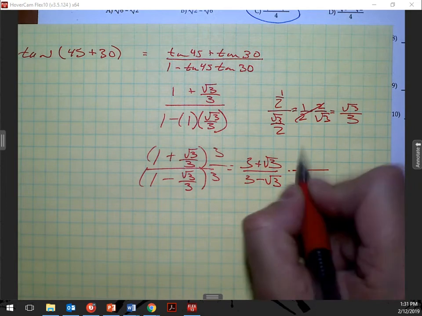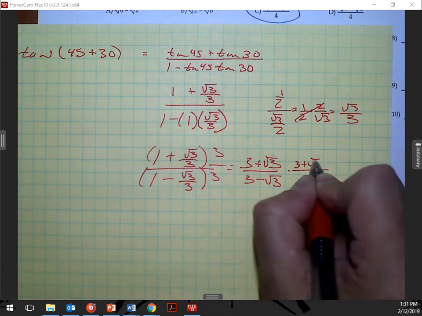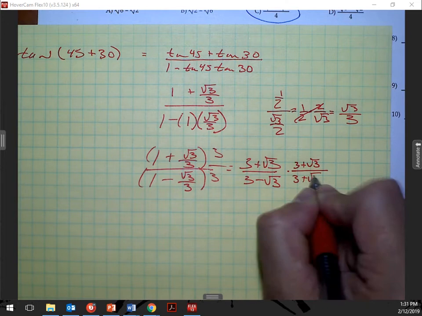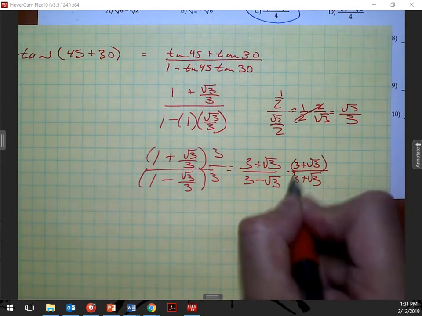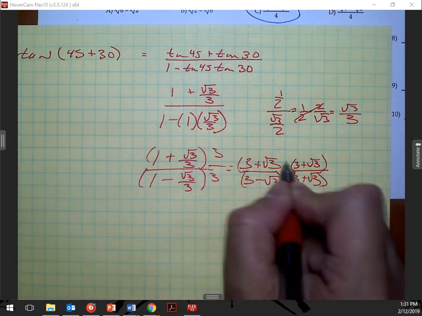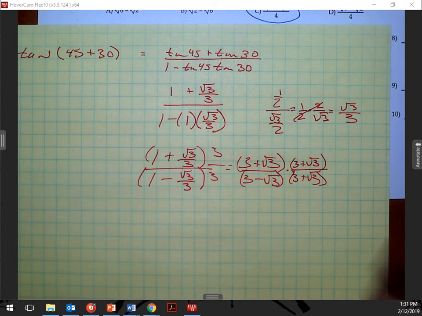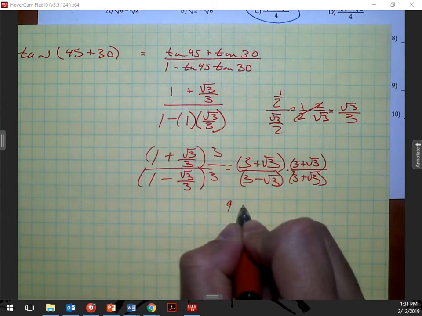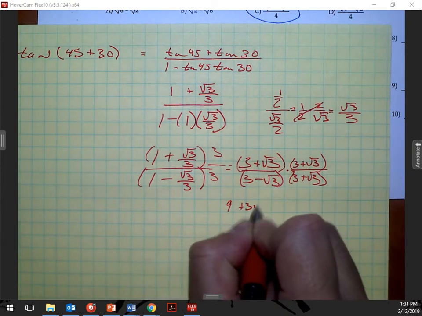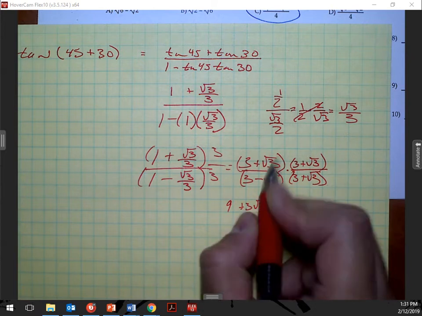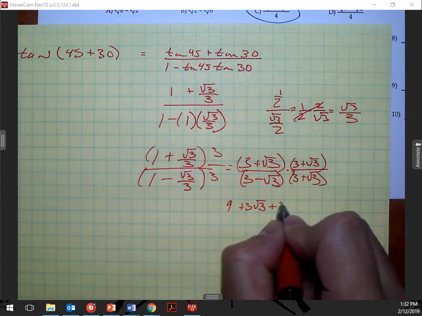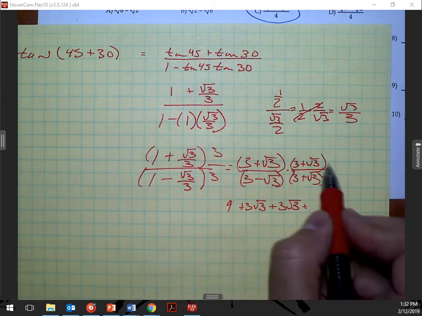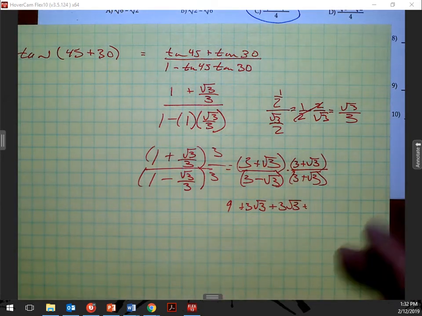So multiply 3 plus rad 3 by the conjugate. So remember, you have to FOIL this. It's going to give me 9 plus 3 rad 3 plus 3 rad 3 plus rad 3 times rad 3 is rad 9, right?